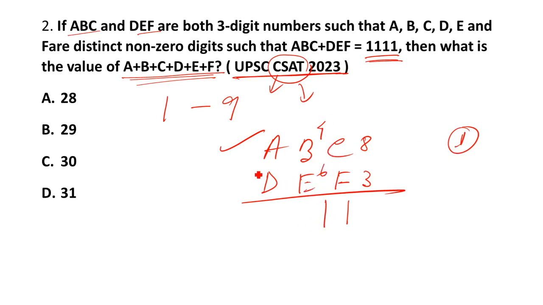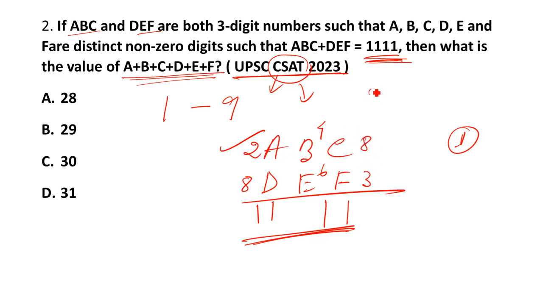Then we have to make it 10. So we can draw it this way. Like 8 and 2, still we have 1, 8 and 2, 10 and 11. That means it results in 1111, which was also given in the question. So we have to add all the digits: 2 plus 8 is 10, 4 plus 6 is 10, and 8 and 3 is 11, that means 31.